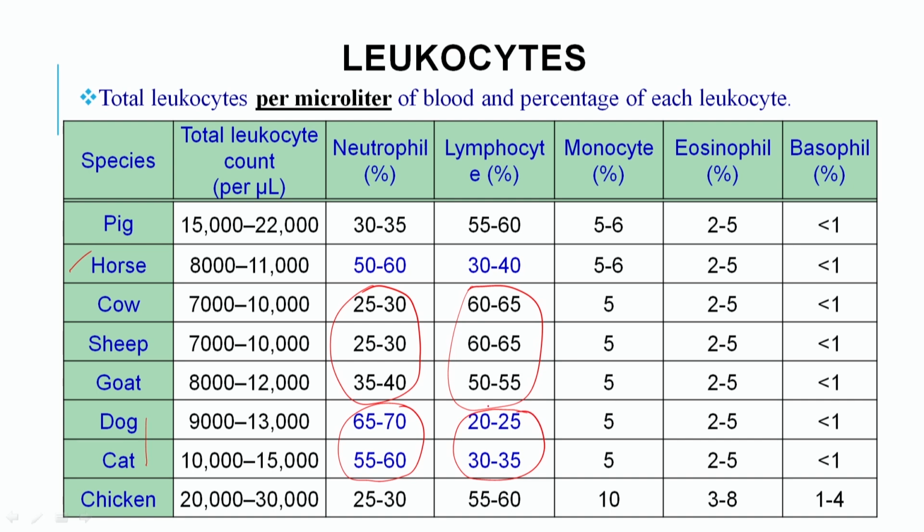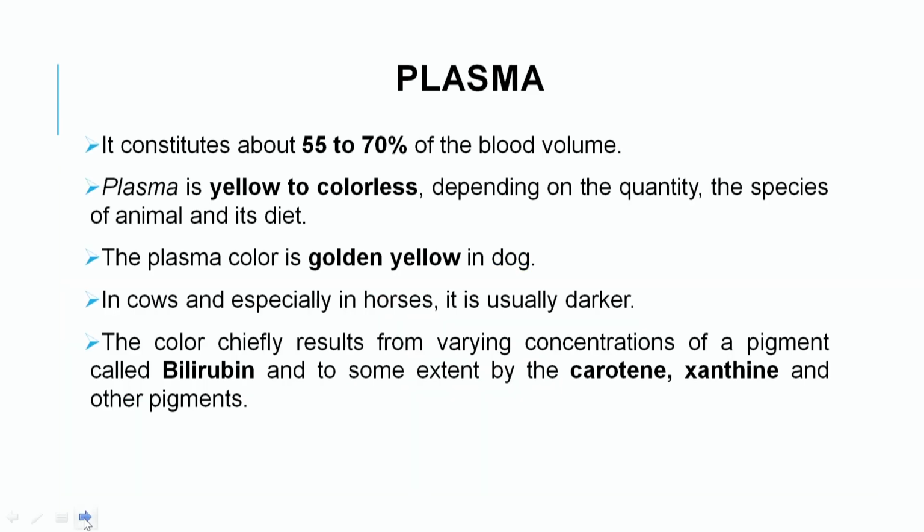In chicken, neutrophils are around 25 to 30%, lymphocytes 55 to 60%, monocytes 10%, eosinophils 3 to 8% and basophils 1 to 4%.